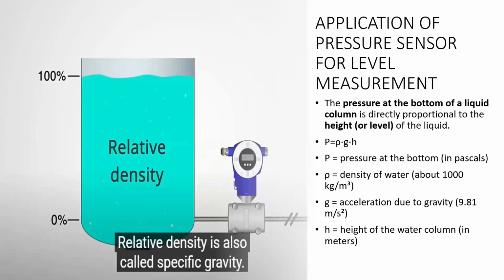The key idea is that the pressure at the bottom of a liquid column is directly proportional to the height or the level of the liquid. So for those in the filling and packaging industry, take your mind back to machines like bottle washers and tunnel pasteurizers, or even buffer tanks.